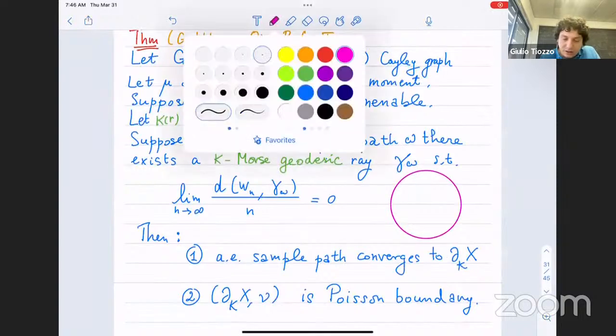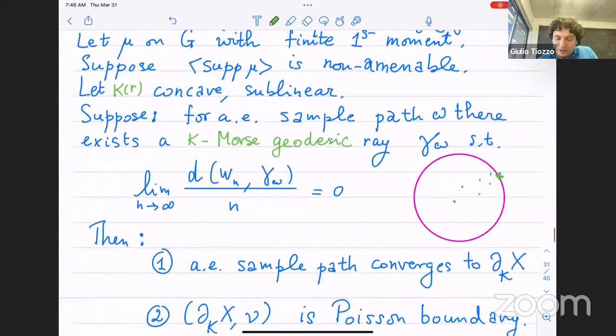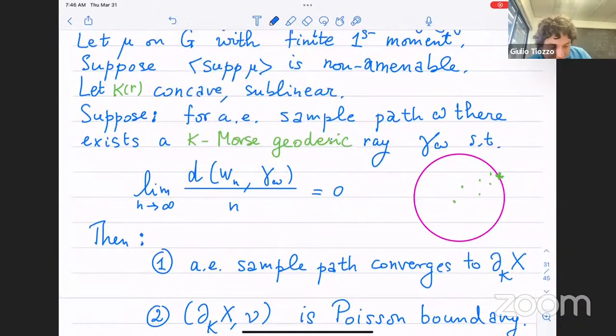So, right, we have our good old sample path. This point does not exist yet because we haven't created it yet, but we have a sample path and a geodesic, or even a quasi-geodesic would be nice, so that this quasi-geodesic is kappa-Morse with this specific kappa.